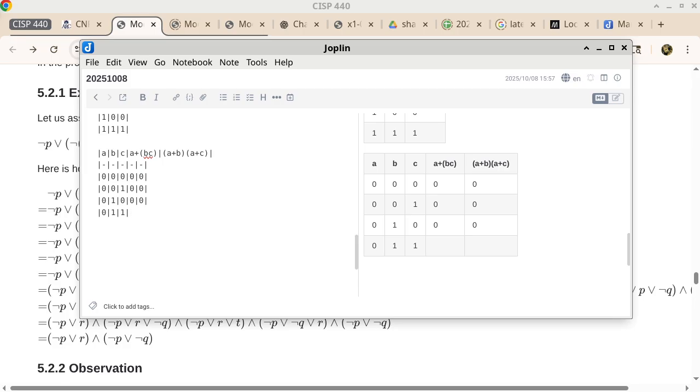Now we have both B and C being true, so B and C is true. If at least one side of a disjunction is true, the whole thing is true. On this side, B is true, which means A or B is true. C is also true, which means A or C is also true. So now we have true, and it is true.